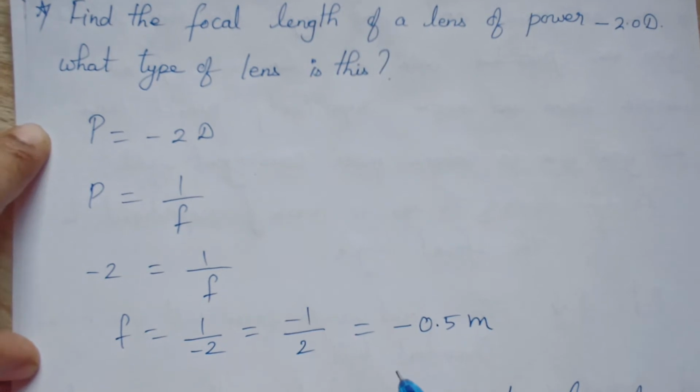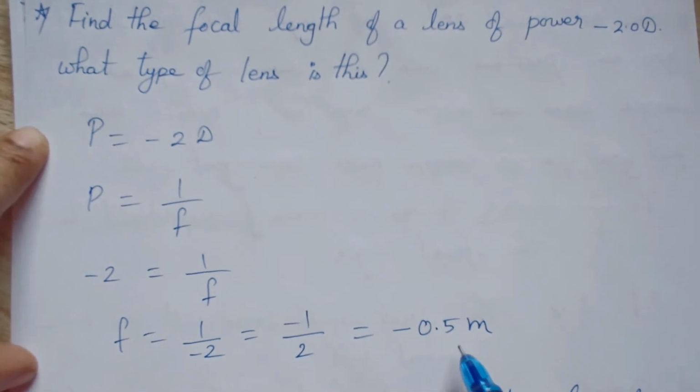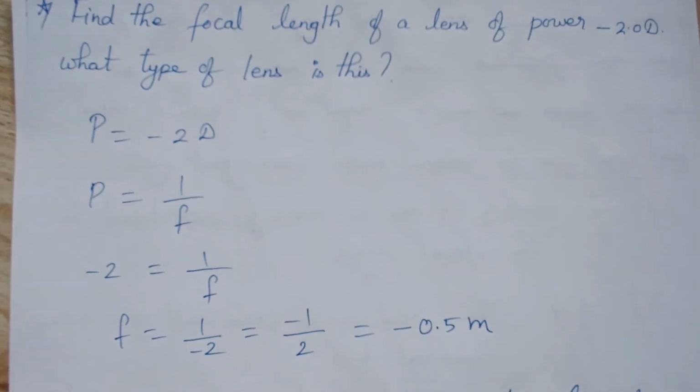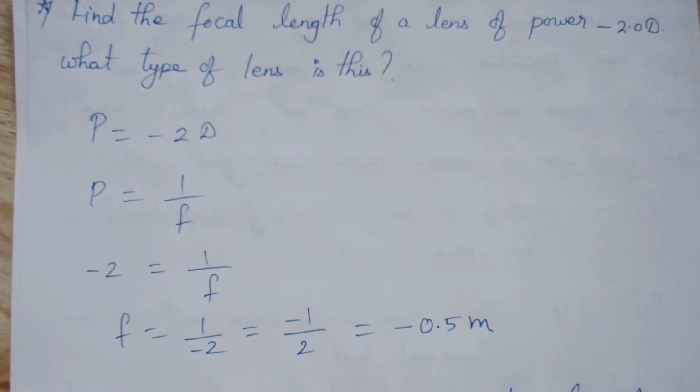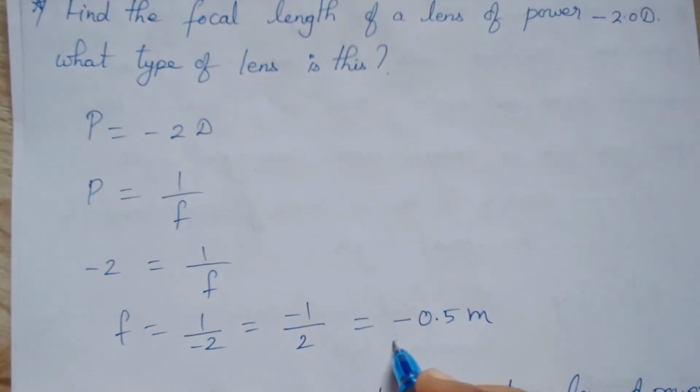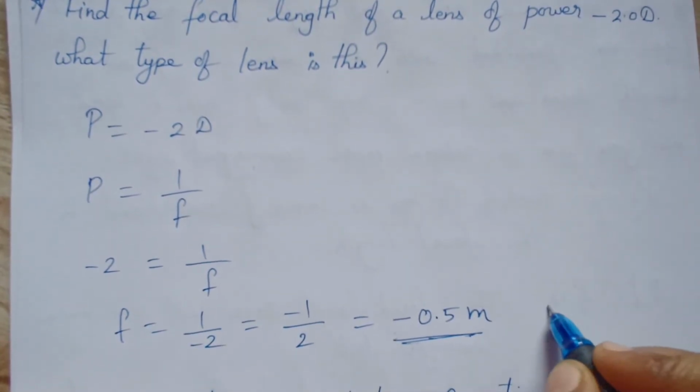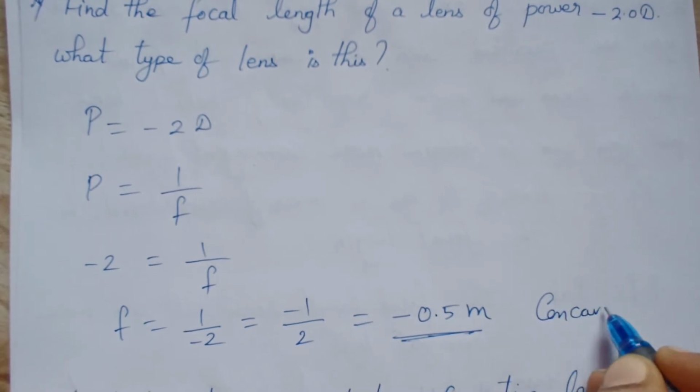Okay, f is equal to minus 0.5 meter. So the focal length of the lens is minus 0.5 meter. This minus sign indicates that this is what type of lens? Concave lens.